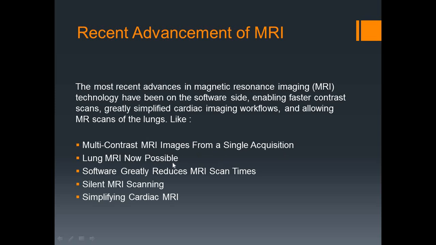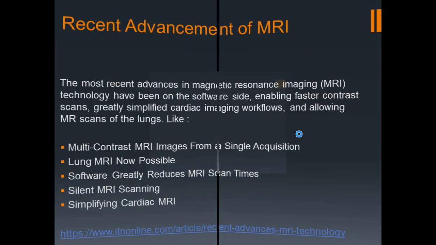Lung MRI now is possible. Software greatly reduces MRI scan times. Silent MRI scanning, simplifying cardiac MRI. These are the recent advancements of MRI. Here is a link where you can learn more about the recent advancement of MRI.